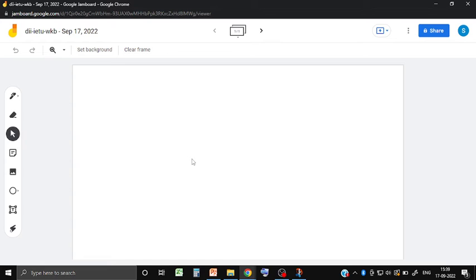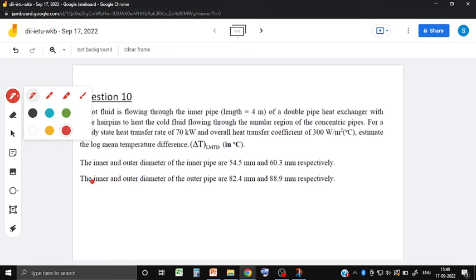We know the relation between total heat transfer coefficient and total heat: if Q is the total heat supplied, then Q equals overall heat transfer coefficient U into area of heat exchanger into log mean temperature difference delta T m.